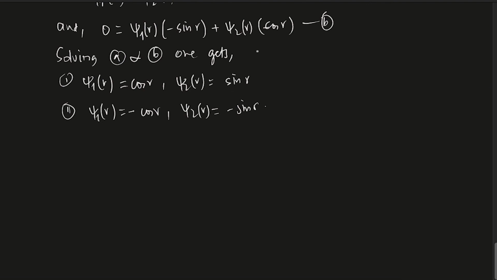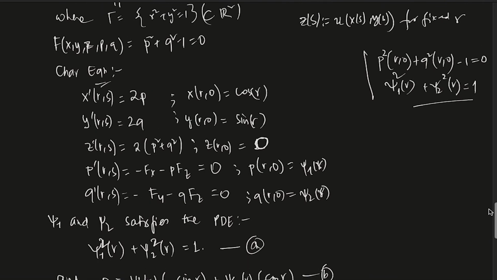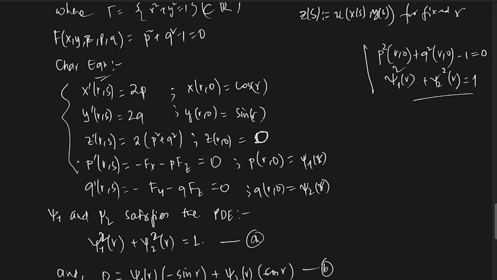So one gets either A or B, right? Now let us choose 1. In that case, these are our characteristic equations.